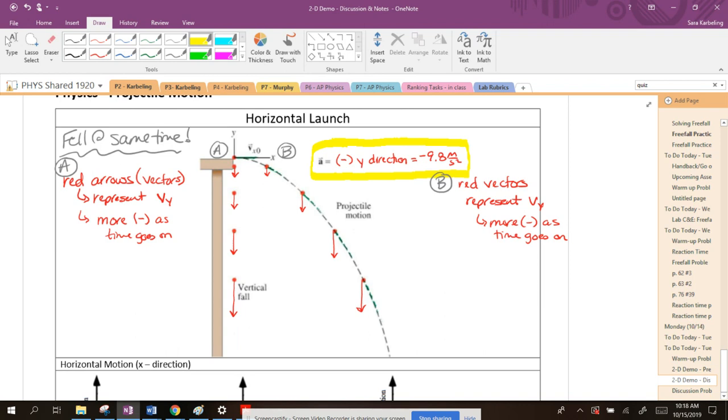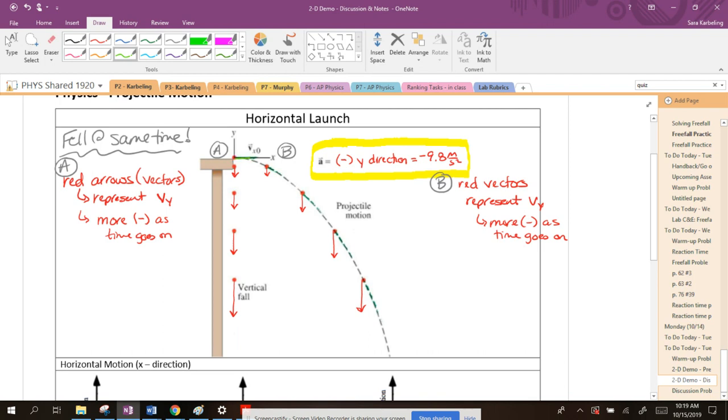So what does that mean about its velocity in the x direction, you guys? The same? It's not going to speed up. It's not going to slow down. That means that there's no acceleration in the x direction. That means that the speed in the x direction is going to be the same the whole time.